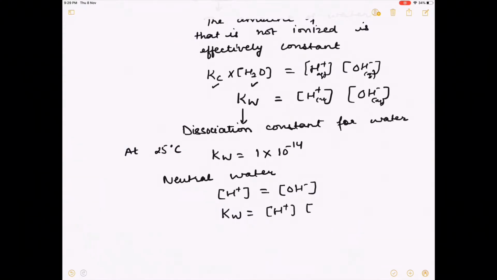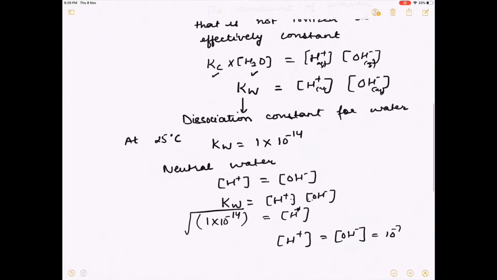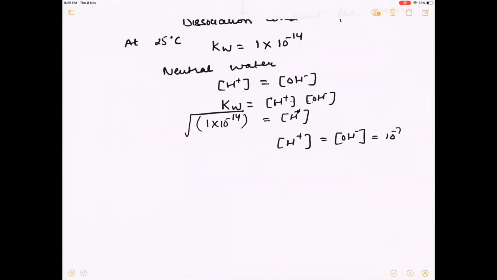So if you have to find out hydrogen ion or OH ion concentration, it will be just the square root of this, because both these hydrogen and OH ion concentrations are equal. So for neutral water, OH ion and H ion concentration will be 10 raised to power minus 7. That's a fixed value for neutral water.